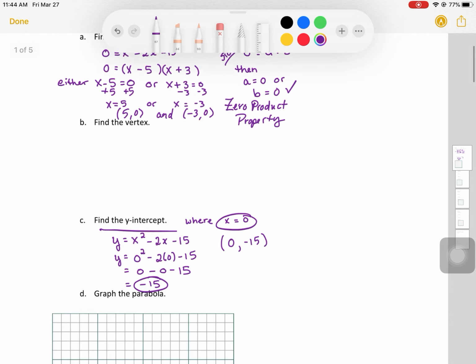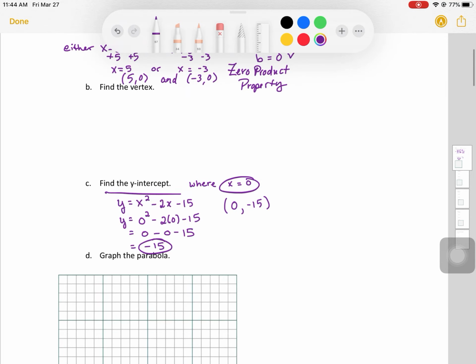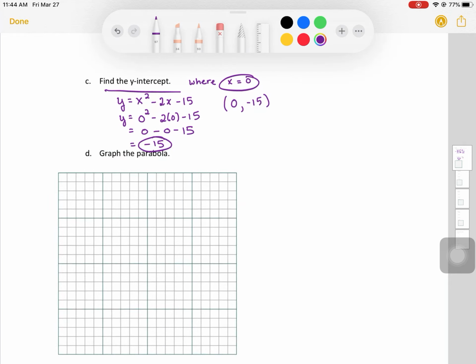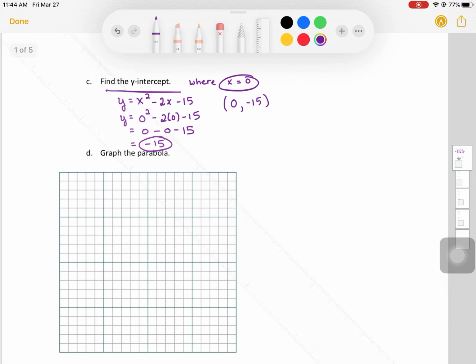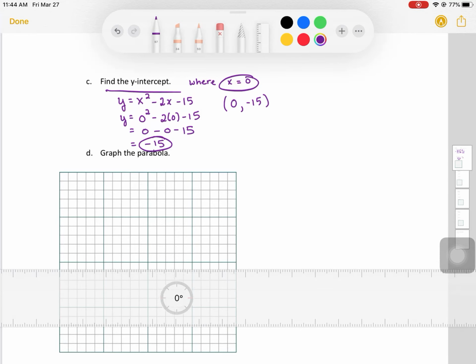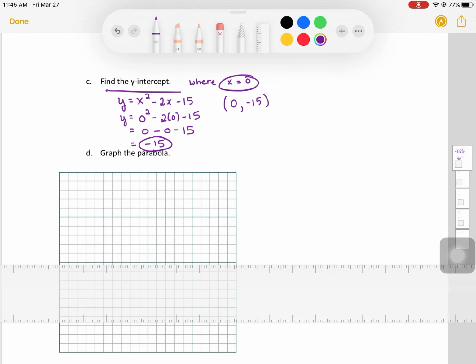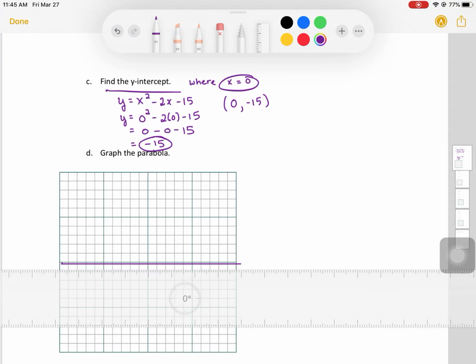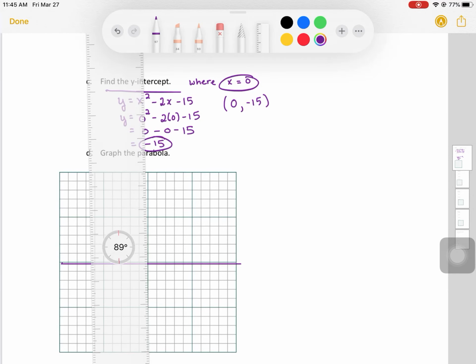So right now, I'm going to go ahead and put those values onto my graph. So if I look at my graph here, I'm going to set up my quadrant. Now I need it to go down to negative 15. So I'm going to go ahead and draw in my x.